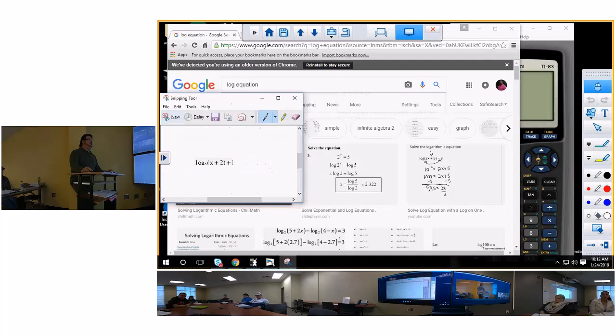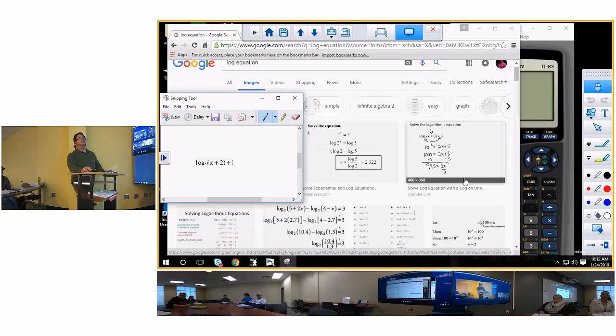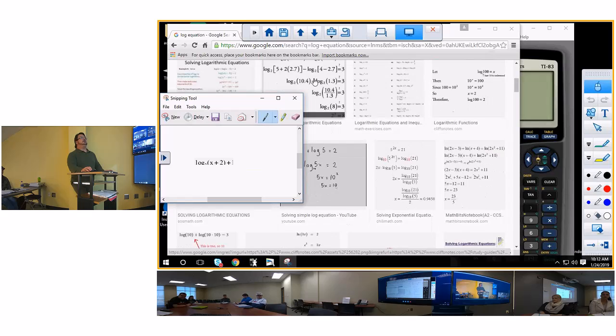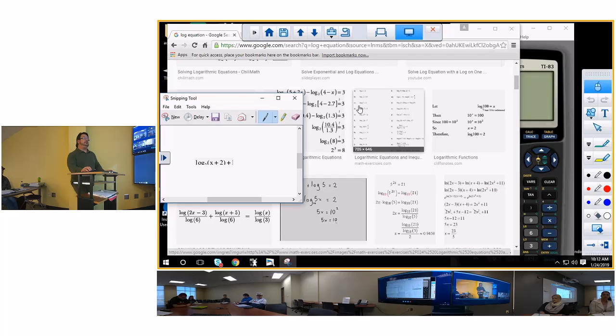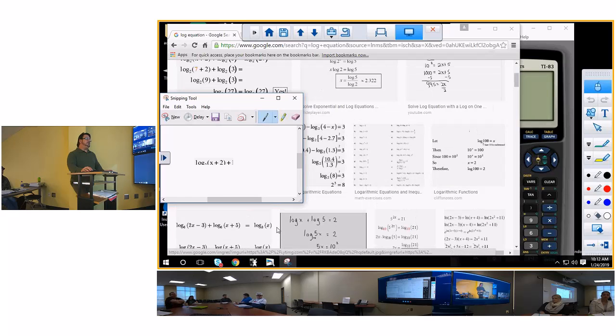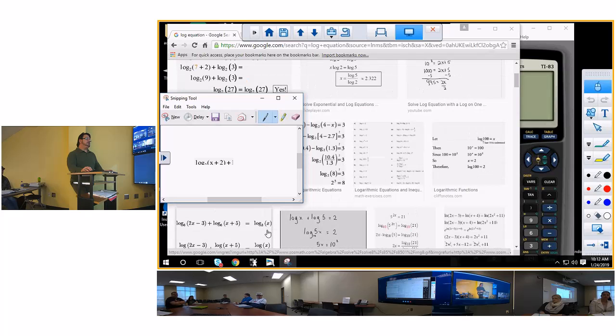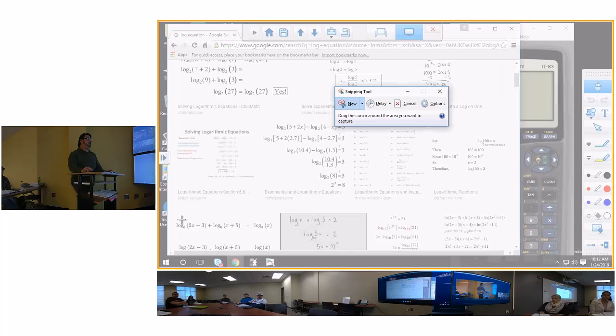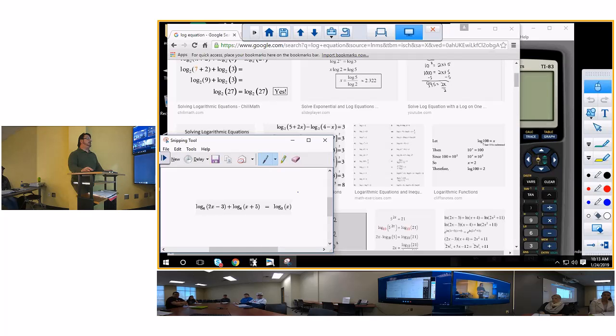I don't like that one. Hold on a second. Let me see if I can find one that I like. That's too many decimals. I'm trying to find one that's decent. Okay, this one. I like that one. Let's see. Log base 3, log base 6. Yeah, let's try this one. I don't know if it's even got an answer or not, but we'll worry about that.